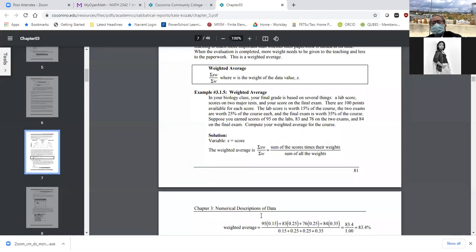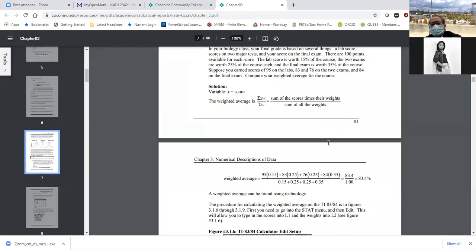The first exam is 83, so 83 times 0.25. The second exam is 76, so 76 times 0.25. Then plus the final exam, 84 multiplied by the weight 0.35, which is 35%. The final grade will be this sum.